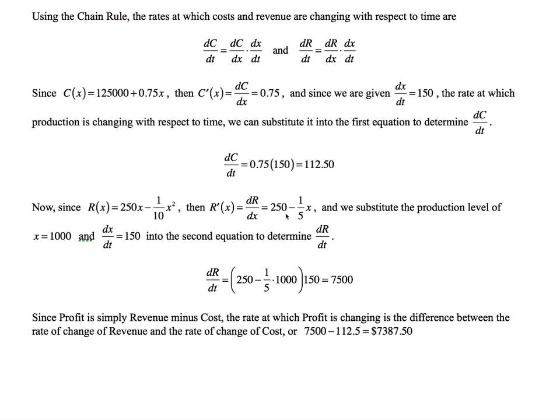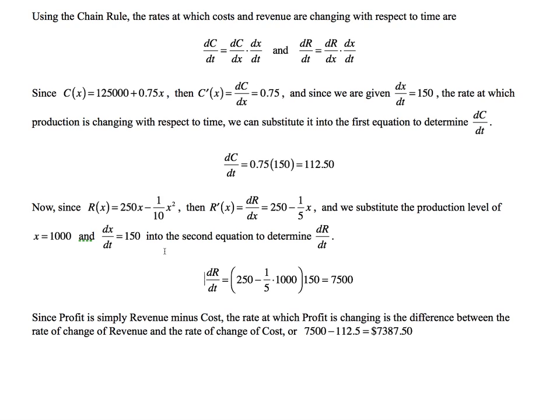So this is 250 minus 1/5 x. X is a particular quantity. What quantity? Well, that quantity was given as 1,000, and the dx/dt is the same as it was before, 150.